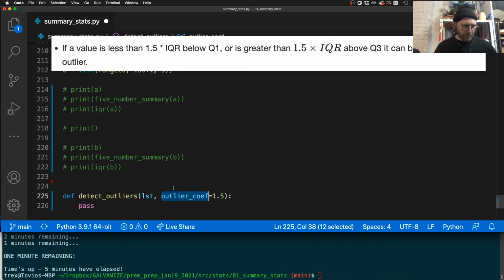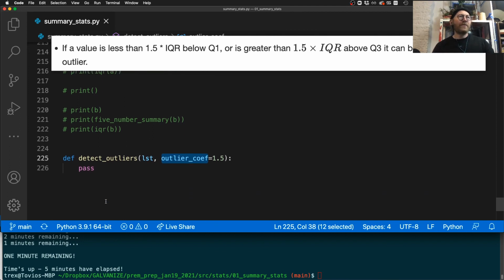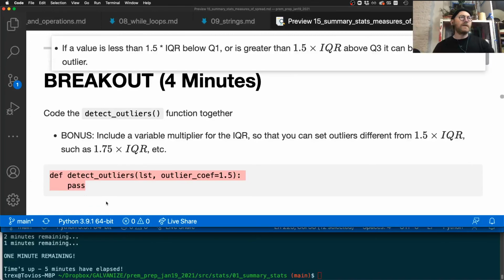Now, feel free to either ignore this and hard code your outlier calculation with 1.5. That's fine. But if you want this function to be more helpful, then it would be nice to be able to pass in a different value instead of 1.5, 1.75, or 2, or 2.3, or anything like that.